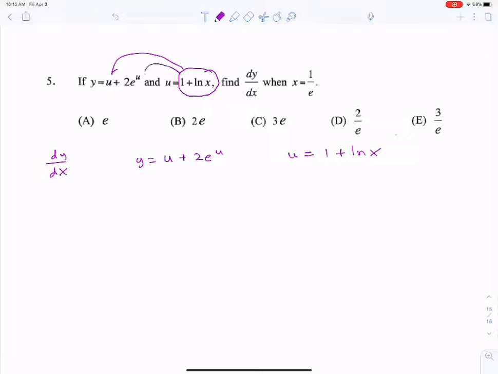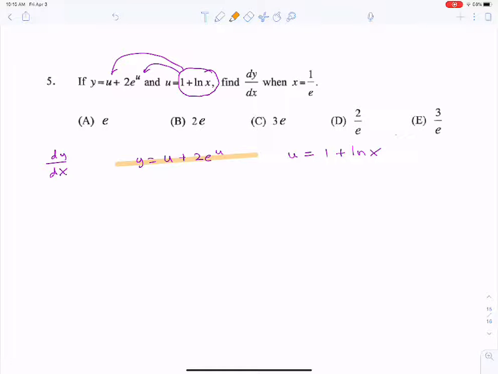It'd probably make things more complicated, but I could do that if I wanted to. So what I'm going to do instead is start with this function right here. This looks the easiest to me. I'm going to start here and take the derivative.